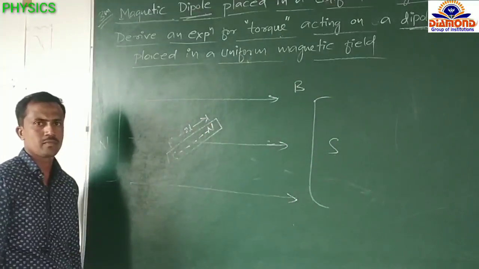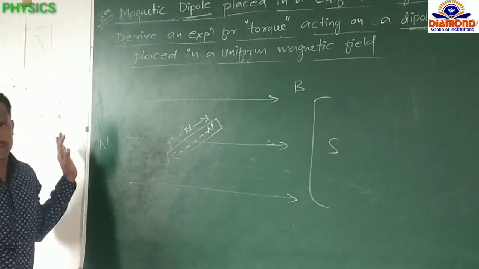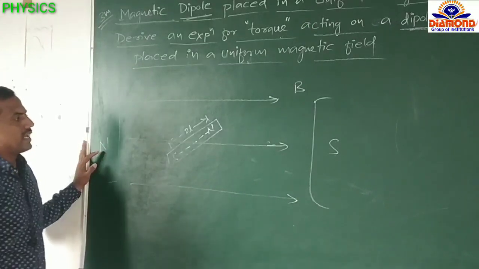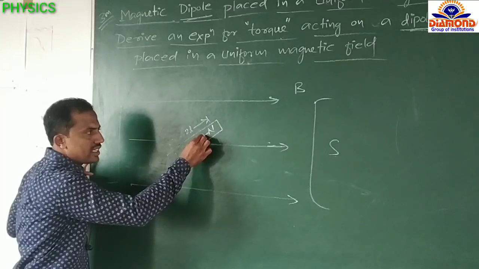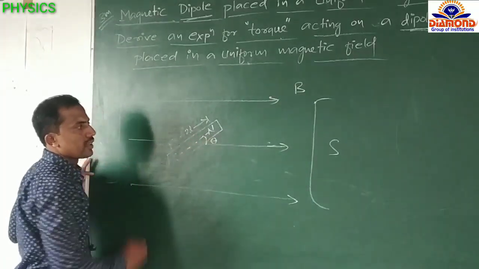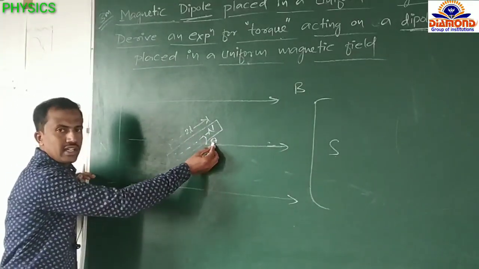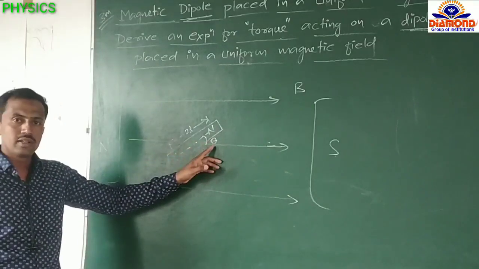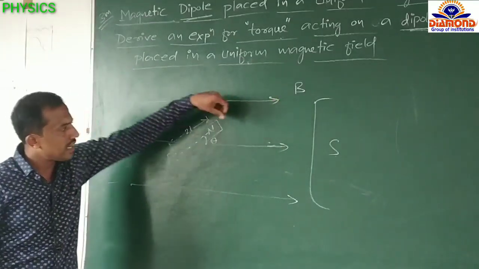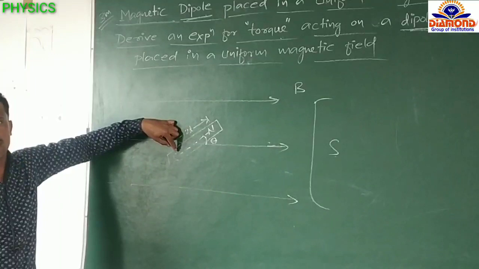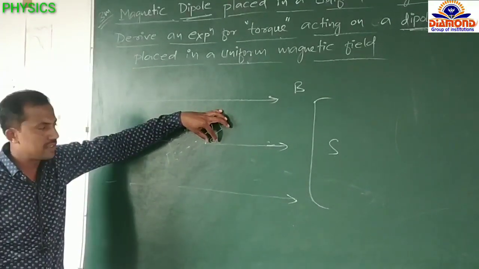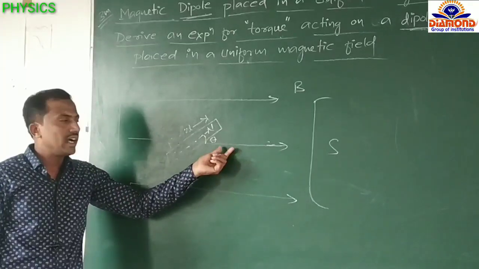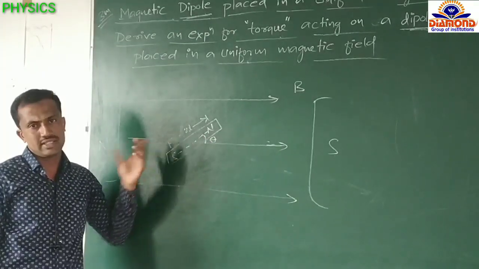Then an angle is created, and the angle is called theta. Theta is the angle between the magnetic field and the dipole axis, or magnetic axis.